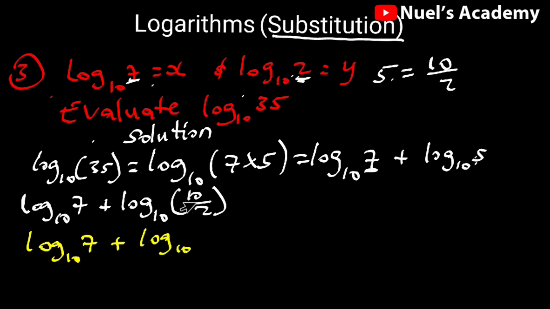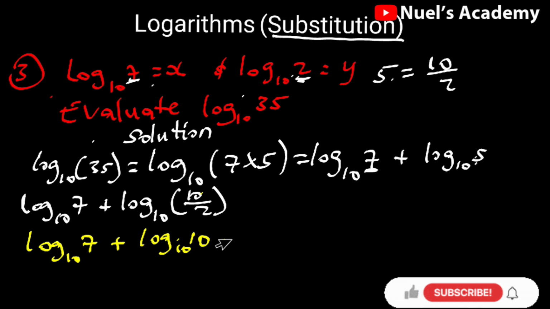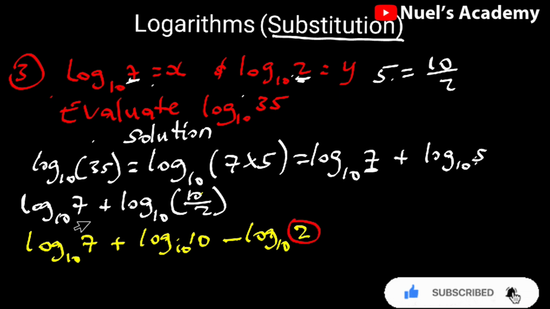Now this is division. We're going to write log base 10 of 10 minus log base 10 of 2, from the law of logarithm we've discussed. And so we have gotten our 2 and 7 that we are given in the question.